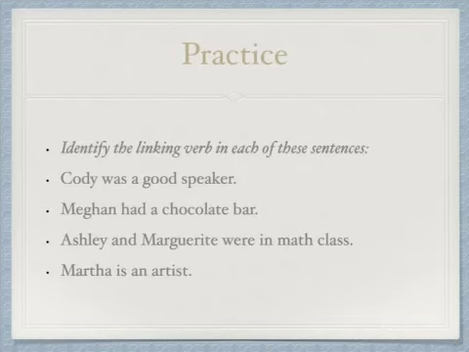Identify the linking verb in each of these sentences. Cody was a good speaker. In this sentence, was is the linking verb. Megan had a chocolate bar. In this sentence, had is the linking verb.